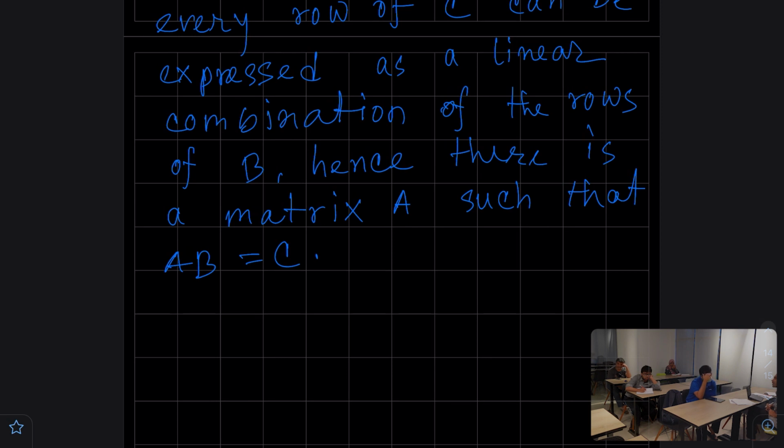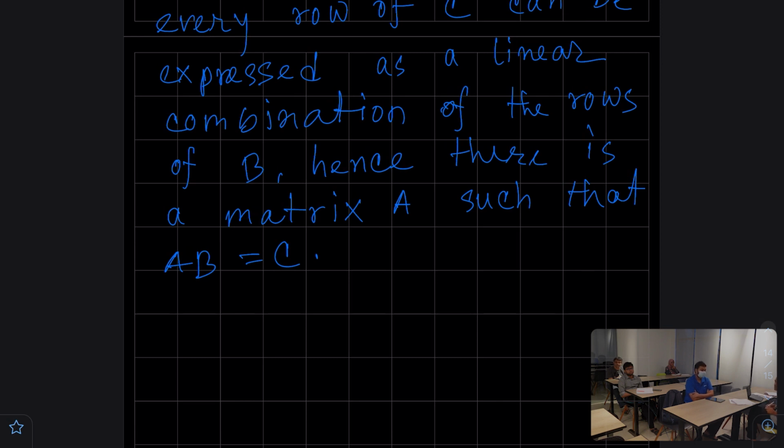So a simple idea can be like this: when we consider a system of equations Ax equal to 0, I can take linear combinations of that system and form another equivalent system, and if the equivalent matrix is P, then Ax equal to 0 and Bx equal to 0 will have the same solution.